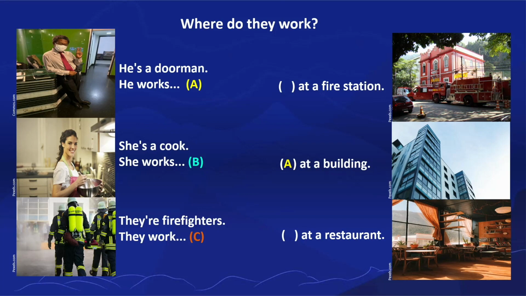She's a cook. She works at a fire station or at a restaurant. She works at a restaurant. Very good. Now, let's go to the third image. They are firefighters. They work at a fire station. Very good. Well done. Great job, everybody.